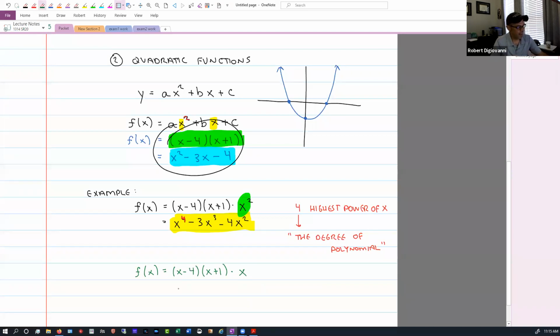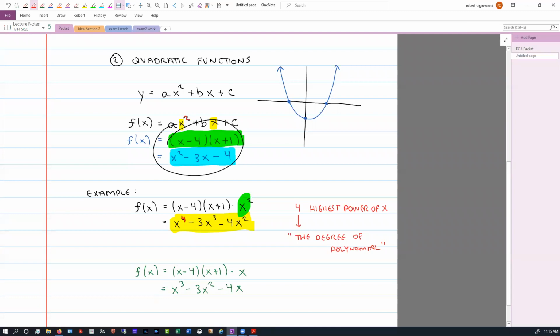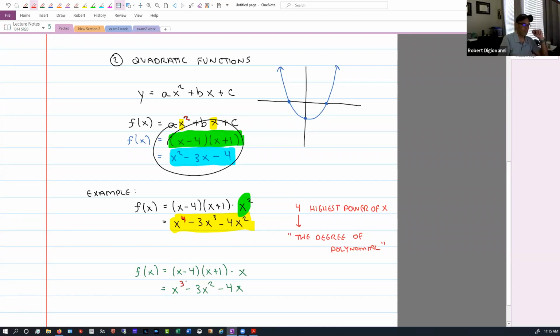So if I multiply that together, again, I'm not going to go through the steps of that. Here's what I get. So what would the degree of that polynomial be? What's the highest power of x? 3. 3, right? So we have a 3rd degree polynomial, all right?